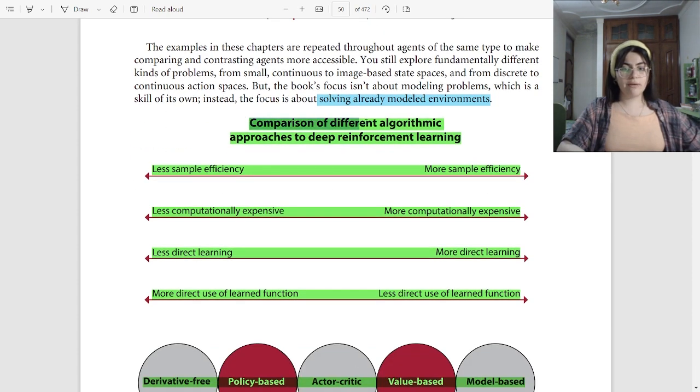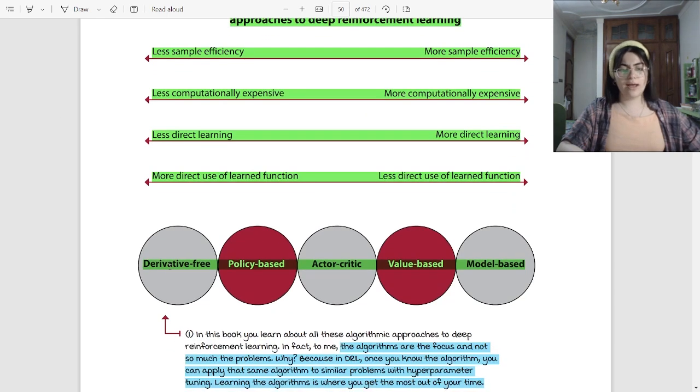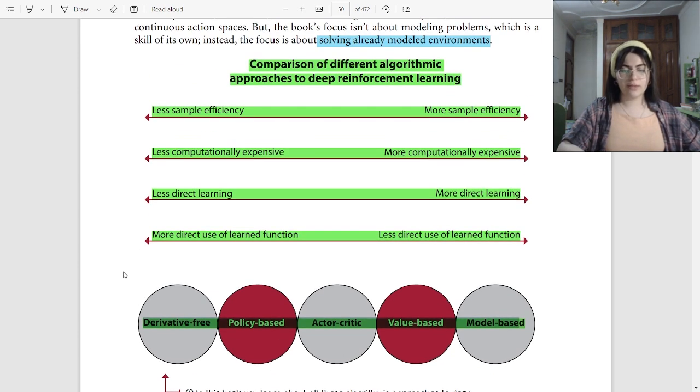And it mentions a comparison of different algorithmic approaches to deep reinforcement learning. We have these different versions of algorithms in DRL and reinforcement learning: model-based, value-based, actor-critic, policy-based, and derivative-free.